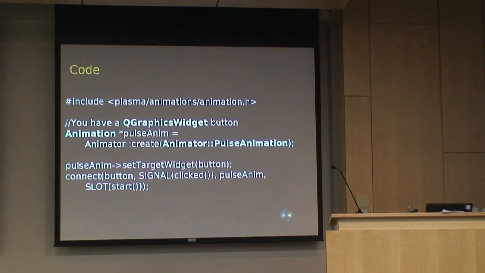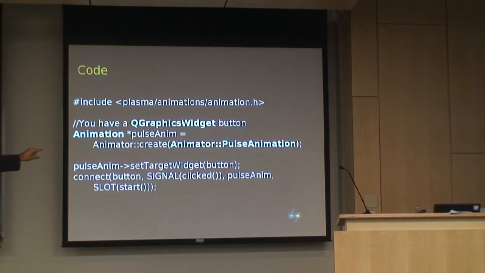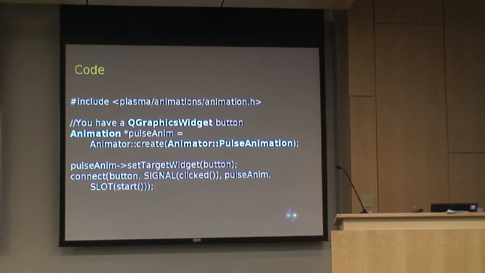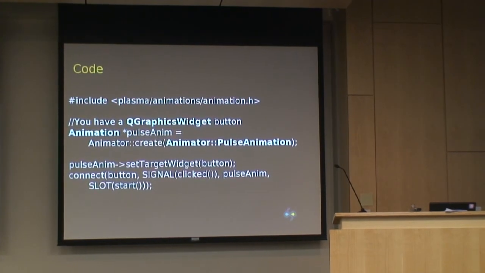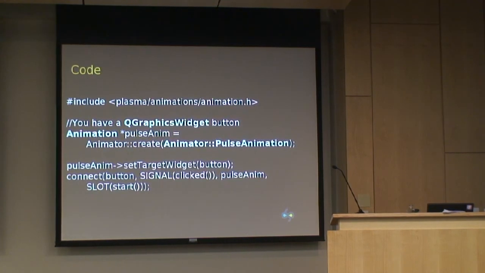You create an animation object using the create method on the Plasma Animator class, providing the type of the animation that you want to use. Then you set the target widget, say a button. And if you want the animation to run when the button is clicked, you connect the clicked signal with the start slot of the animation. And that is it.